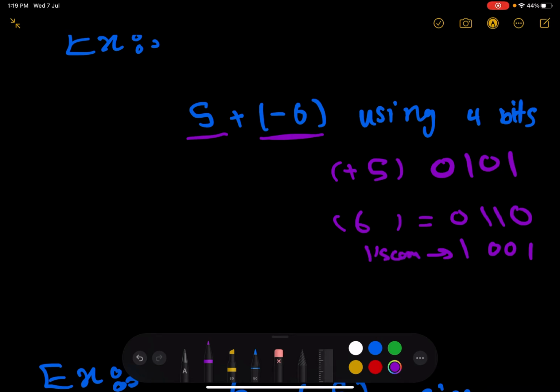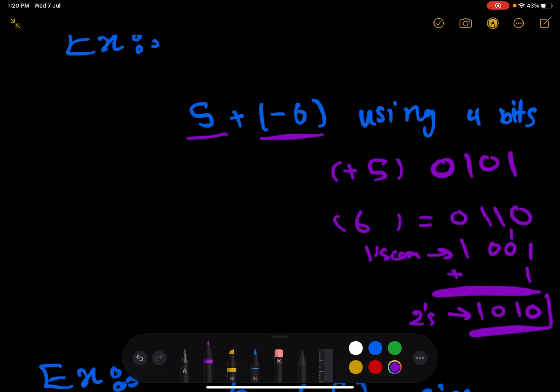And to find the 2's complement, just add 1 to the 1's complement. So 1 plus 1 is 0, and we have a carry, and then 1 plus 0 is 1. So here's our 2's complement for 6.